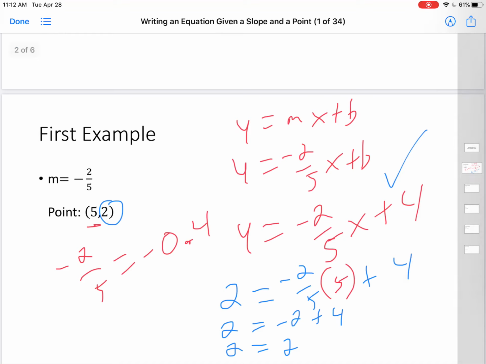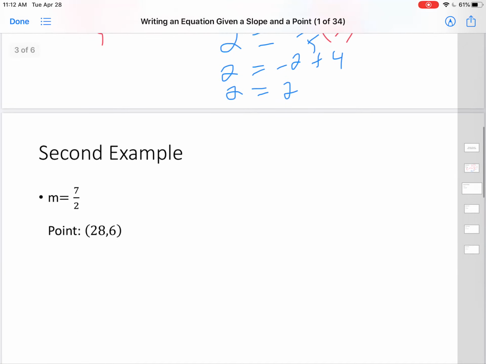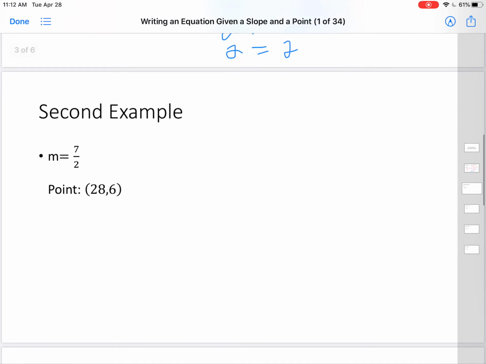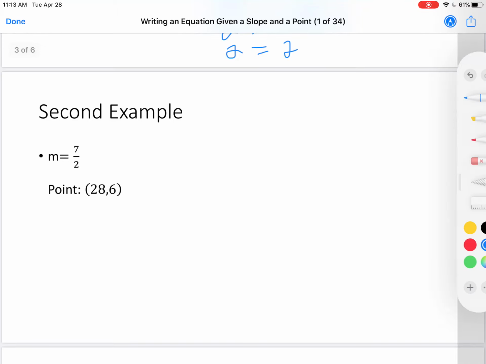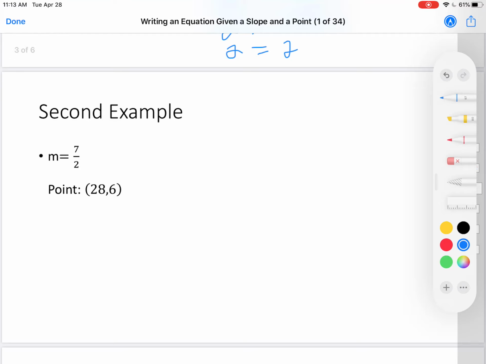Check. Now, you're not always going to have Desmos to figure these out, and oftentimes it won't work for you because b will be hard to find. So I want to teach you how to do this using just paper and pencil, or iPad and finger, as things go. All right, well, here m is 7/2, and the point is (28, 6).